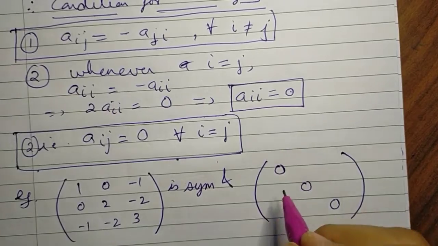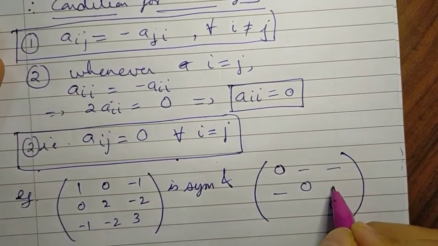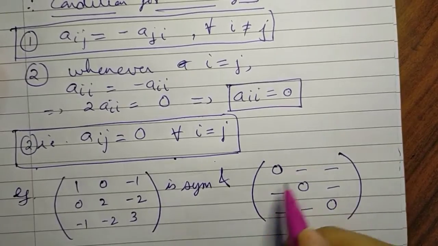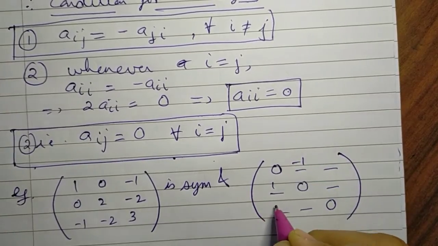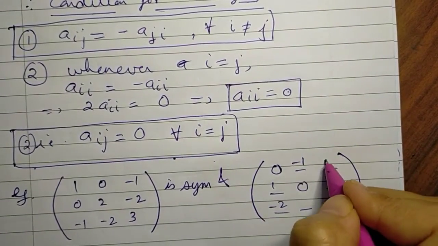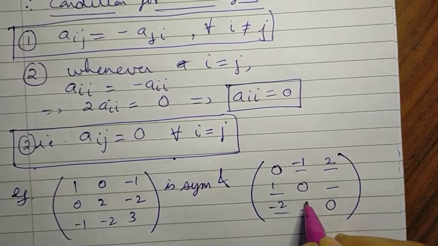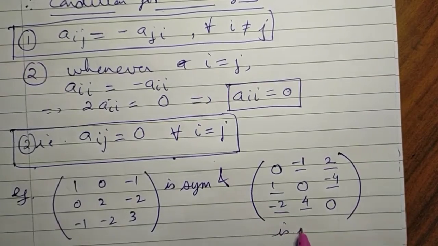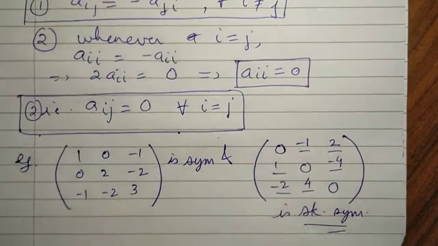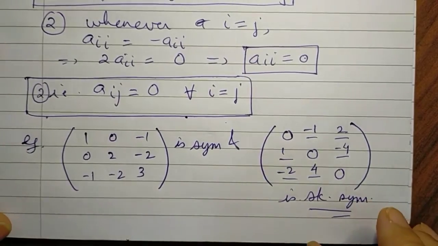Now the elements in the mirror image position are negative of each other. So suppose I write here 1, here it will be minus 1. Suppose I write here minus 2, here it will be 2. Suppose I write here 4, here it will be minus 4. Now this is skew symmetric. So now you will be in a position to identify a symmetric and a skew symmetric matrix. So you can try out all the questions which are there in exercise 3.3.